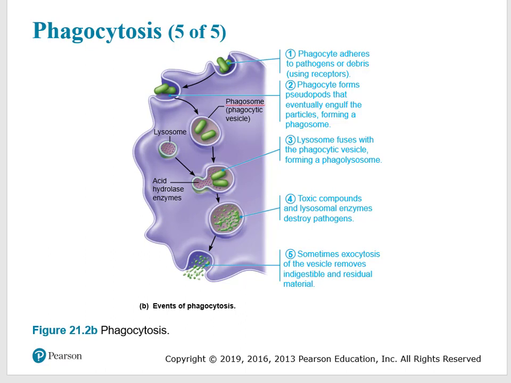And then you have the lysosome, which usually contains all kinds of toxins and oxidizing agents like hydrogen peroxide. That lysosome, full of its enzymes, merges with the phagosome, and it lyses the cell membrane and kills the bacteria. And whatever is left behind is just let out.